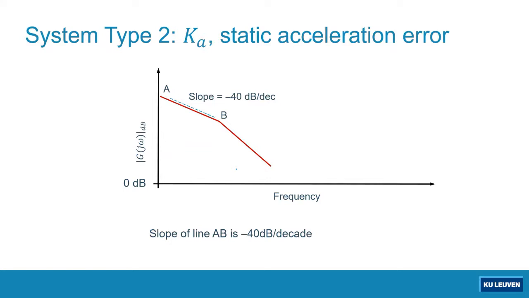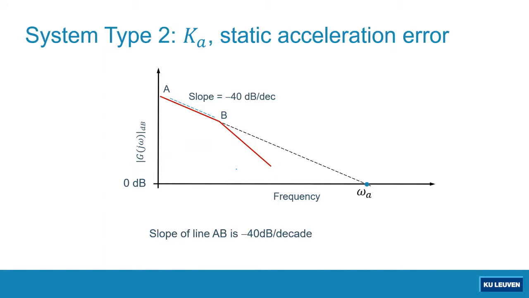Pretty similar to the previous case when we estimated the static velocity error constant from a type 1 system. We just extend this line again until it crosses the frequency axis.